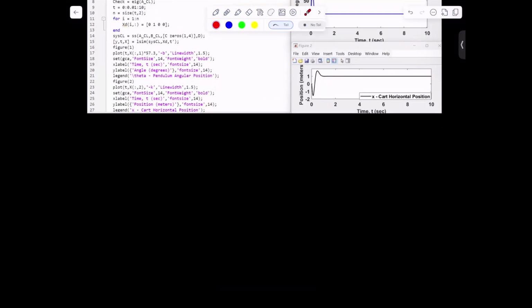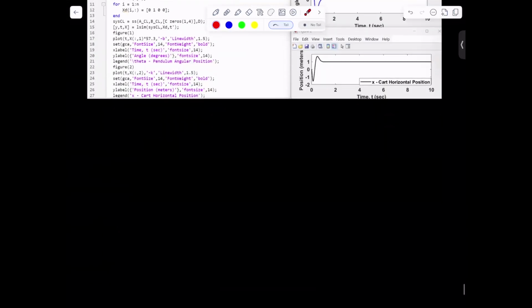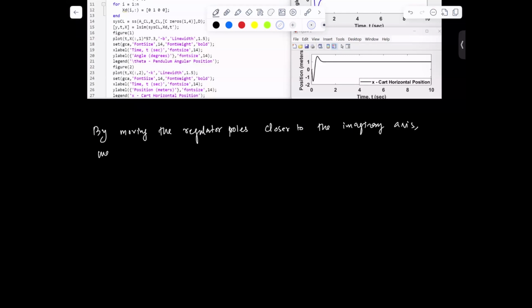So what we are doing is moving the regulator poles closer to the imaginary axis, we can reduce overshoot.